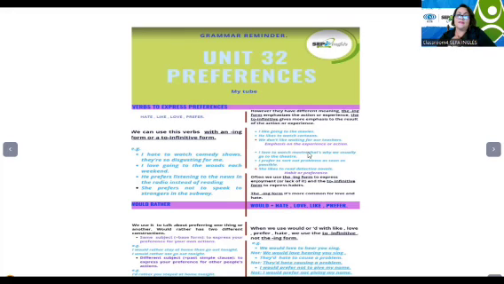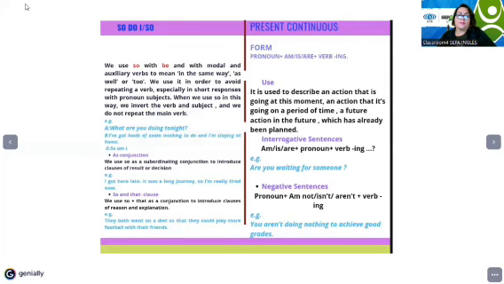Okay, in this case, we are going to move to the next part of the grammar reminder. Let's see. So do I. We use so with be and with modal and auxiliary verbs to mean in the same way as well, or too. We use it in order to avoid repeating the verb, especially in short responses with pronoun subjects.